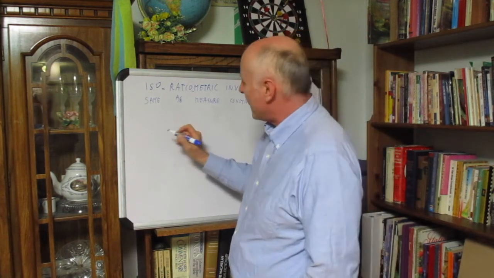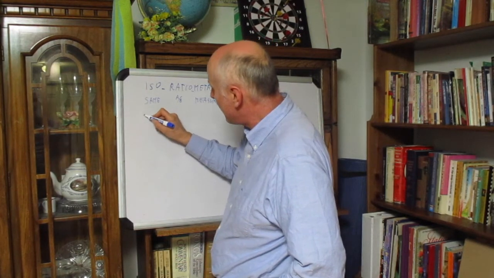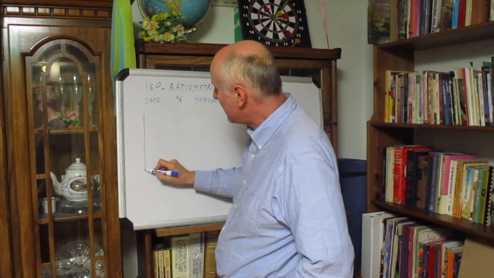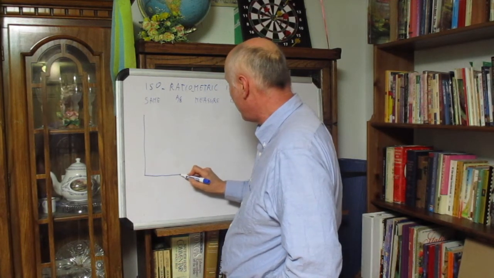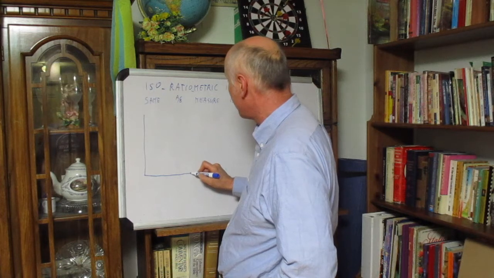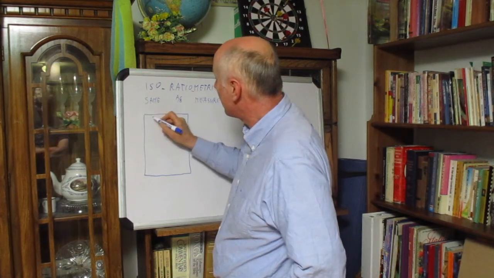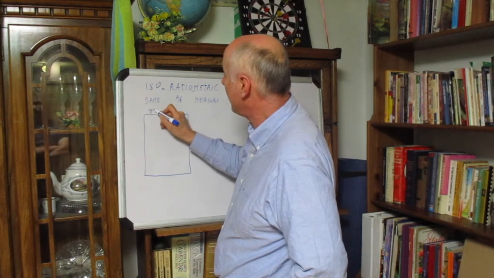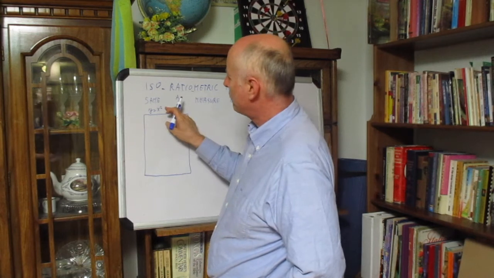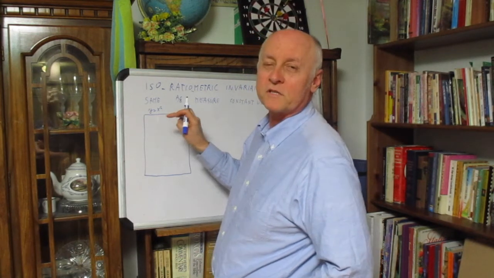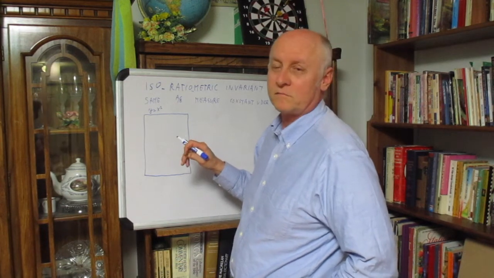So let's go to it. Let's say we start out with our box as before, right? And we have a curve y equals x squared. Eventually we'll go y equals x cubed and x to the n.